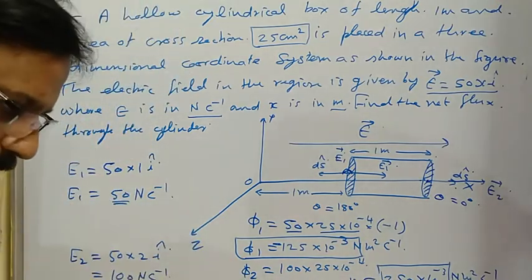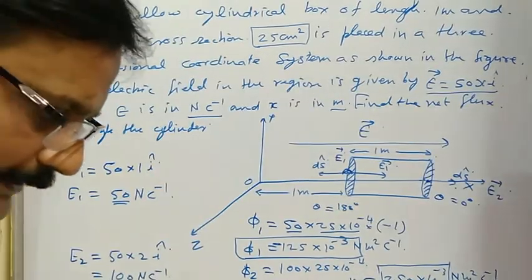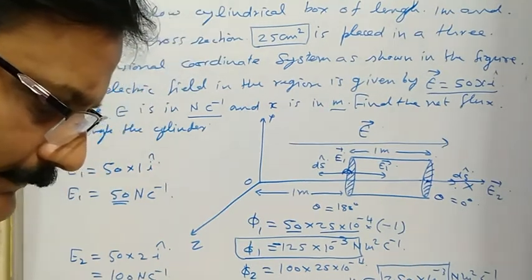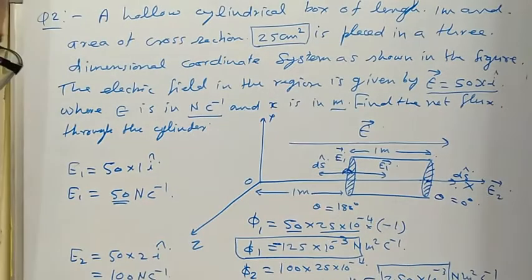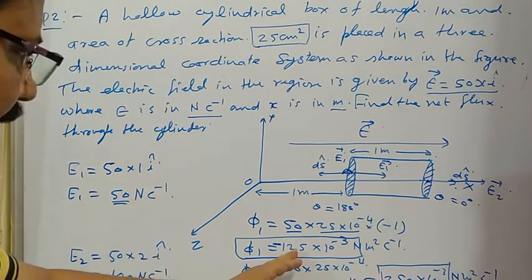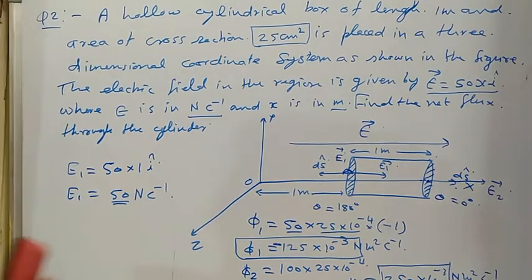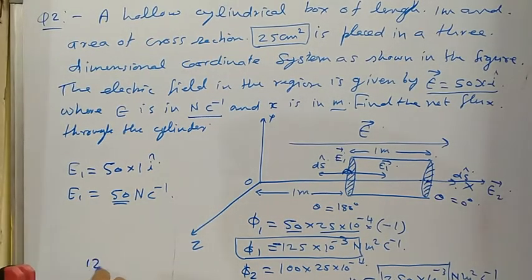So the answer of this question is 250 minus 125, that is 125 into 10 to power minus 3. So the final answer is 125 into 10 to power minus 3 Newton meter square Coulomb inverse. In this way we find the net flux passing through the cylinder is 125 into 10 to power minus 3 Newton meter square Coulomb inverse.